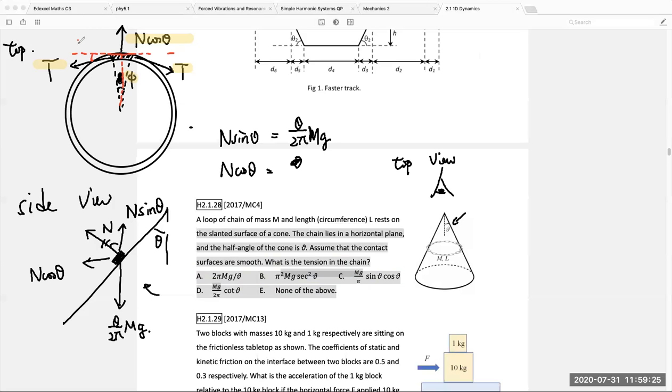So this has an angle phi over 2, and this has an angle phi over 2. Then you can write N cosine theta will be equal to 2T times sine phi over 2.